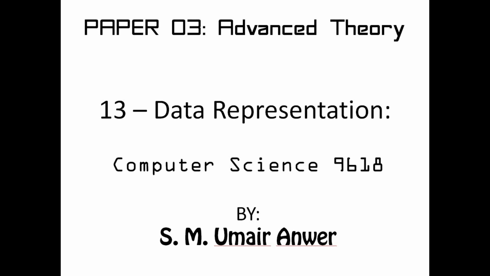It basically consists of both theory and pseudocode, whereas paper number 4 or P4 is purely practical. It is a practical of 2.5 hours, and over there you'll be asked about concepts from chapter number 19 and 20 only. That being said, let's start.